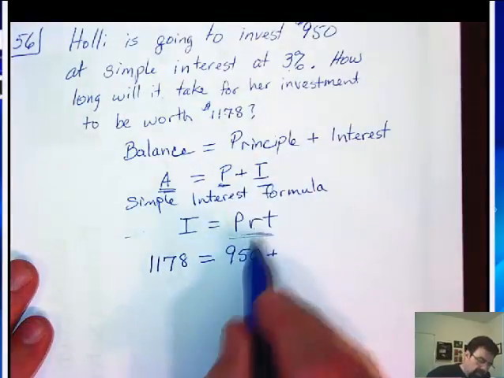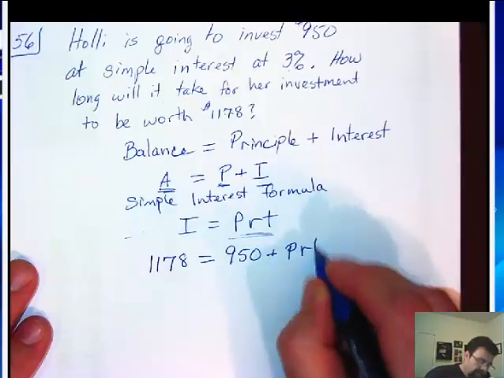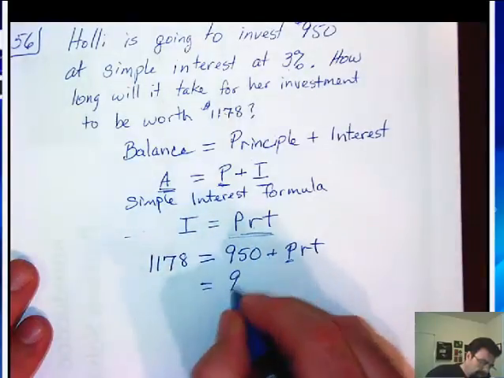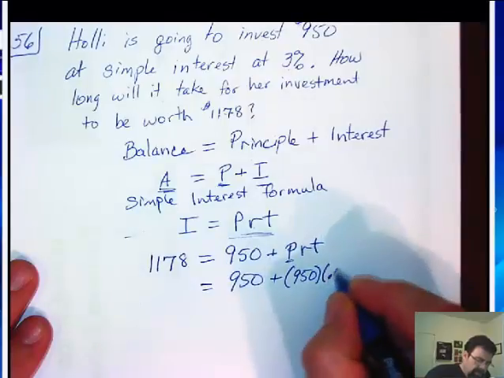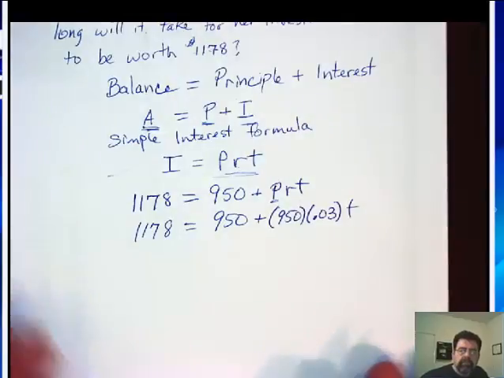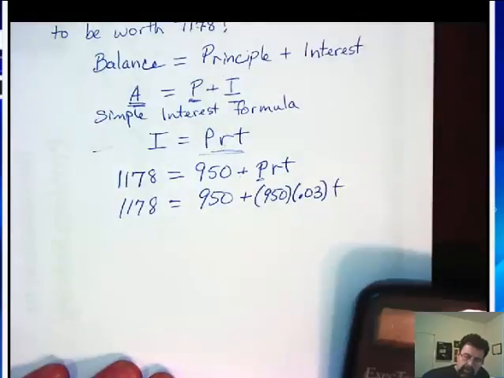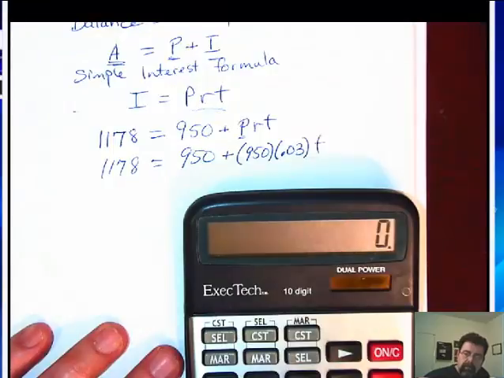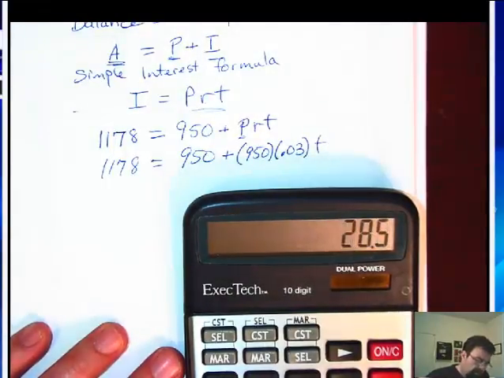Well, interest, I'm going to use this formula for interest, PRT. We know principal is $950. The interest rate is 3%. So this is the equation I need to solve. So we're going to get 950 times 0.03. My cheapy calculator here. 950 times 0.03 is 28.5.